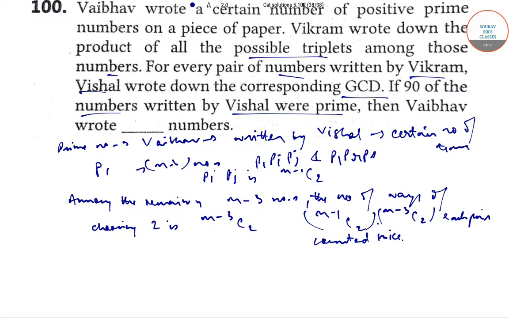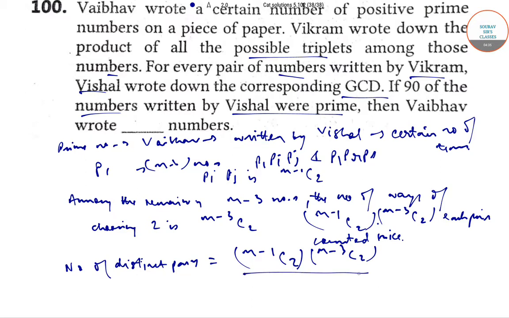Therefore, the number of distinct pairs is equal to m minus 1 C2 into m minus 3 C2 by 2.